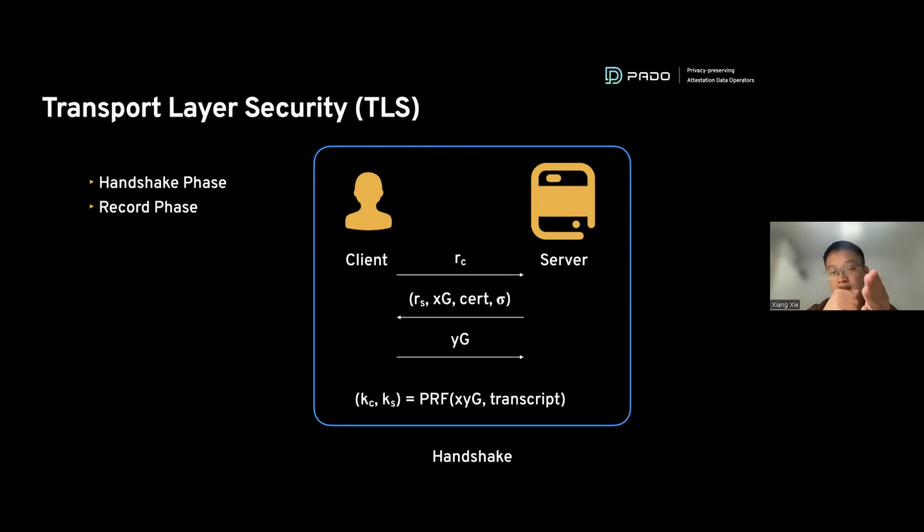The client sends some random value to the server, and the server sends back a random value x times g, which is an elliptic curve point, along with the certificate and the signature. Then the client sends back y times g to the server, and the shared secret is xyg, which is a very standard Diffie-Hellman key exchange. Using this shared key material, the two parties can derive session keys, which we call KC and KS, for the record phase.